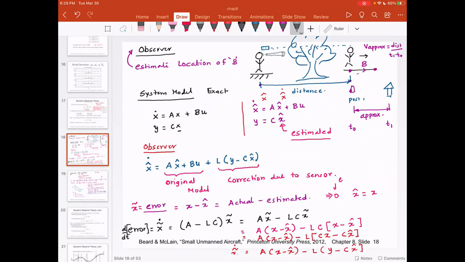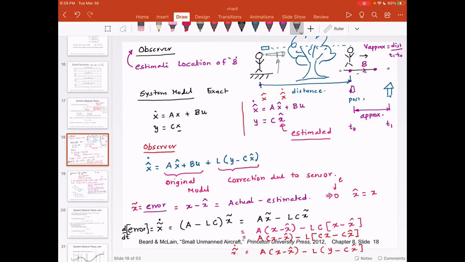Dynamic observer means you are changing the focal length of the telescope so that you can observe your friend clearly. Depending upon where your friend is, whether here or here, you need to make some adjustments to your telescope so that you can observe your friend correctly. And that is the fundamental principle of a dynamic observer.